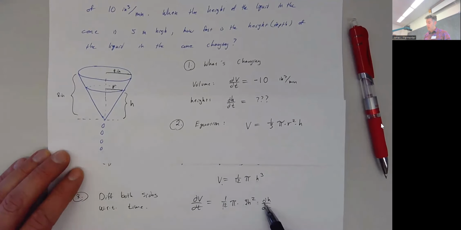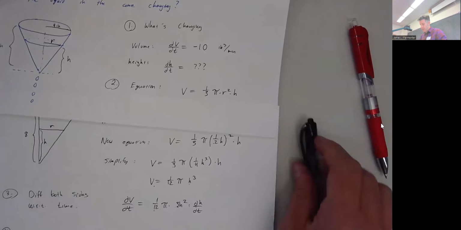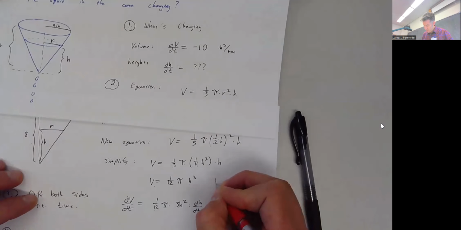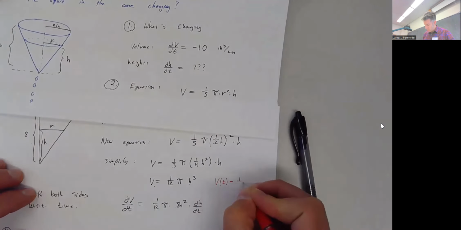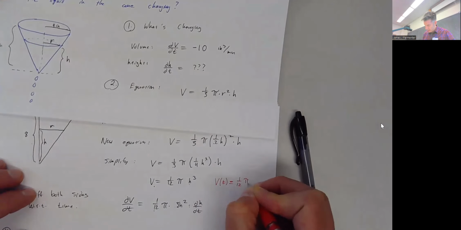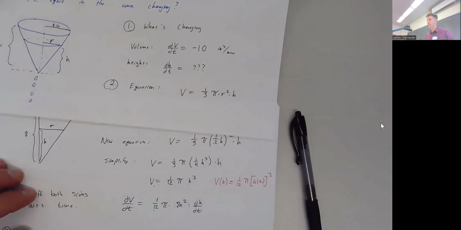If it helps, you can alternatively write this as volume as a function of time equals 1/12 pi times h as a function of time cubed.